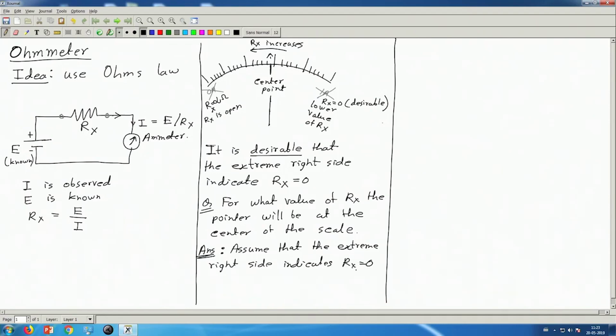Suppose I have made this circuit, that means I have chosen the EMF and the different parameters of this ammeter, such that the extreme right side indicates Rx equal to 0, which is a desirable condition. If so, what will be the value of the resistance for which the pointer will be at the center? Let me draw this circuit once again.